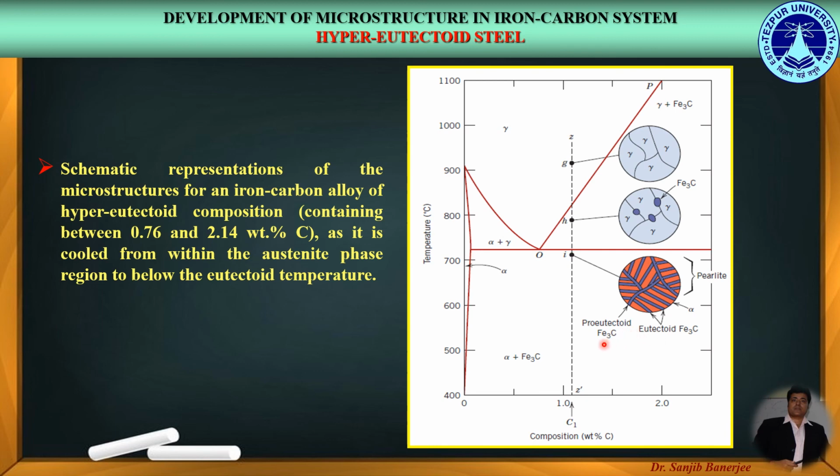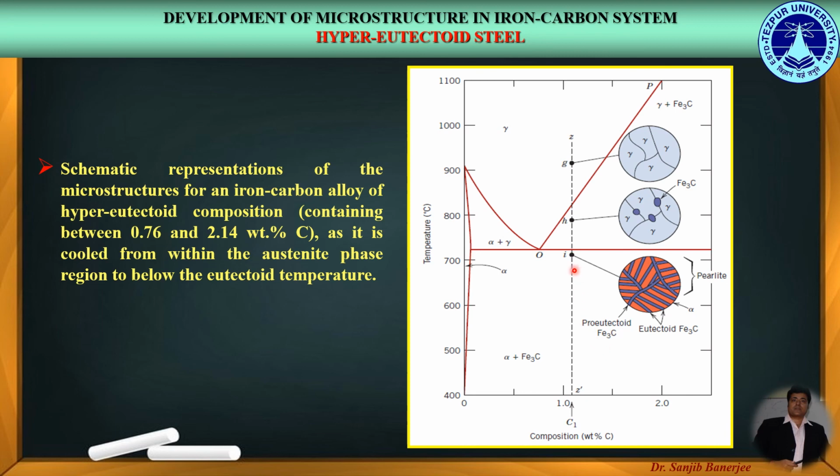Additionally, we can find the pro-eutectoid cementite, that is the cementite which was already present before the eutectoid reaction, and that can also be seen in the microstructures before crossing the eutectoid temperature. Thus, this happens to be the final microstructure of the hypereutectoid steel, that is the pearlite phase having the lamellar layers of ferrite and cementite along with the pro-eutectoid cementite.